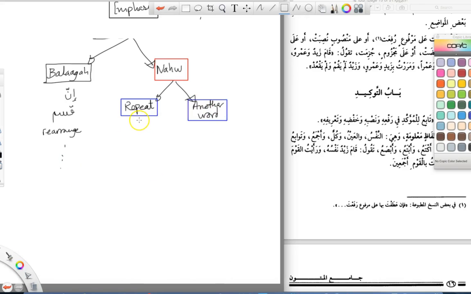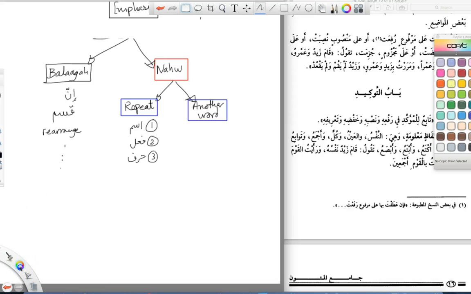You can have an ism that's repeated. You can have a fi'l that's repeated. You can have a harf that's repeated. You can have any one of these repeated, and in Nahw it's considered to be Tawkeed.